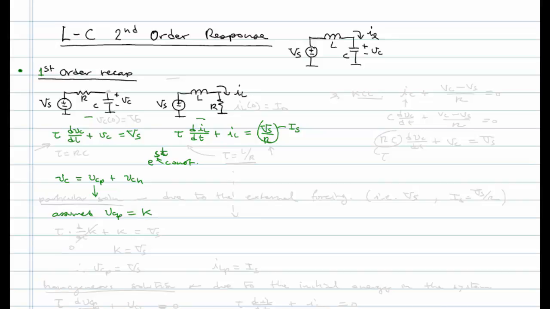And we plugged that in, and so we got tau times the derivative of a constant plus a constant was equal to a constant. Of course, this is 0, so we found that k must be equal to Vs. Therefore, the particular solution was Vs. We can do the same thing over here, and we find that the particular current was equal to Is, where Is is Vs over R.